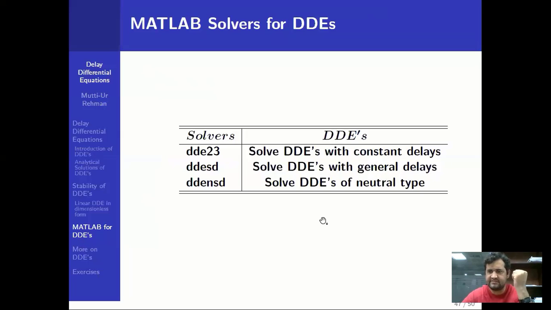On the other hand, we can have neutral type delay differential equations. So then you can use solvers like DDE23, DDESD, and DDENSD in order to tackle the problems of these particular types.